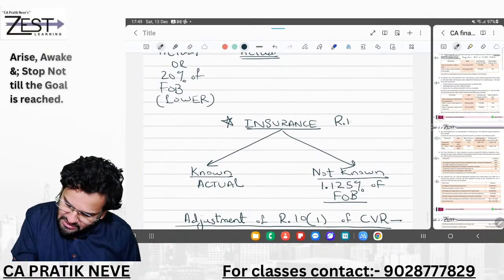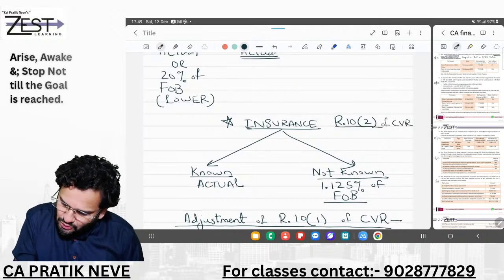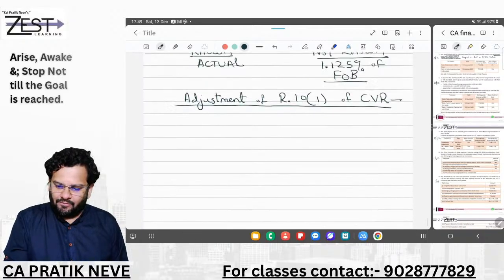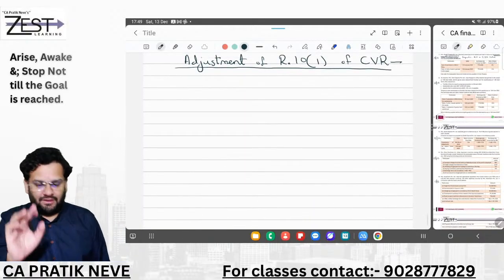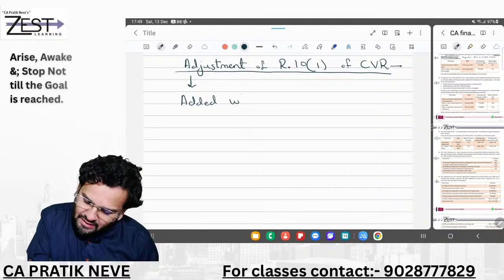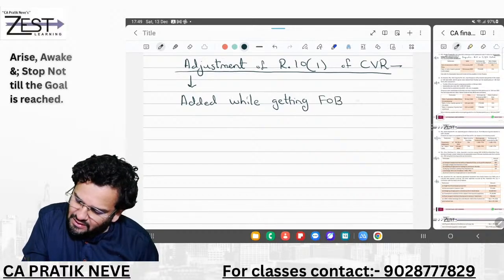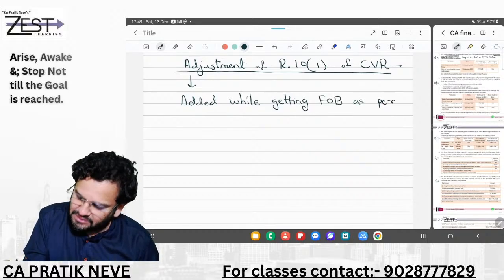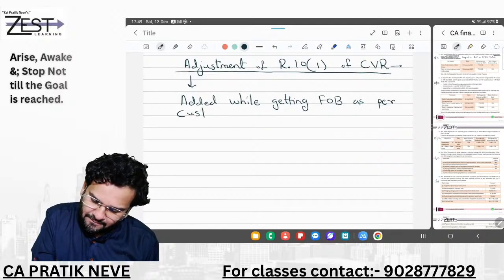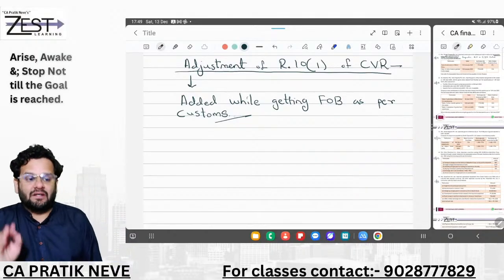Now what is 10(1) adjustment? Try to understand. These amounts of 10(1) adjustment will be added while getting FOB as per customs.